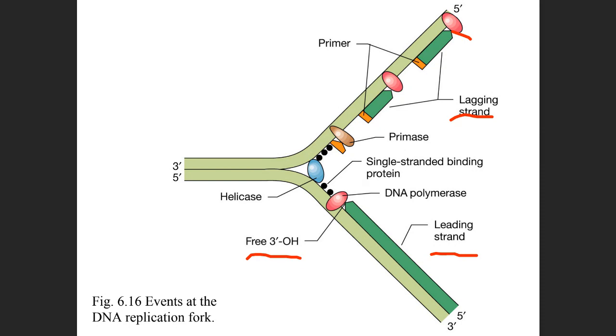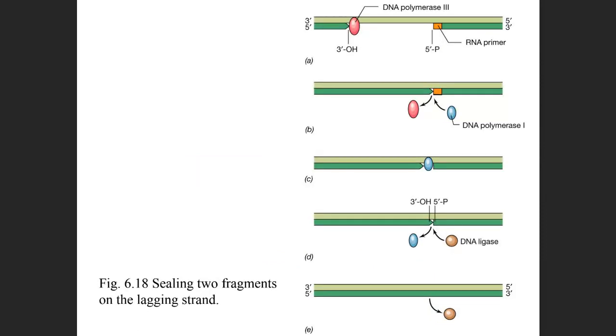If we go to the next picture, you will see the DNA polymerase can come here, but it will then remove the primer. So DNA polymerase 1 comes in, removes the primer, and fills the gap.